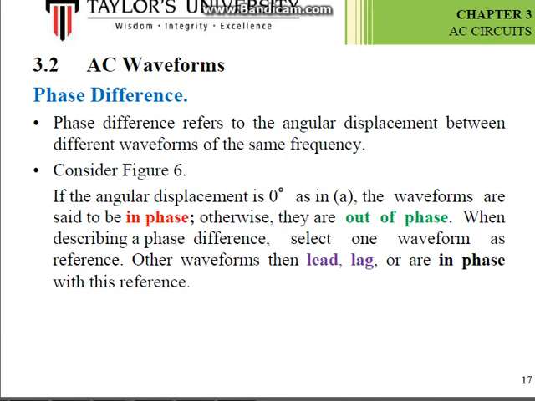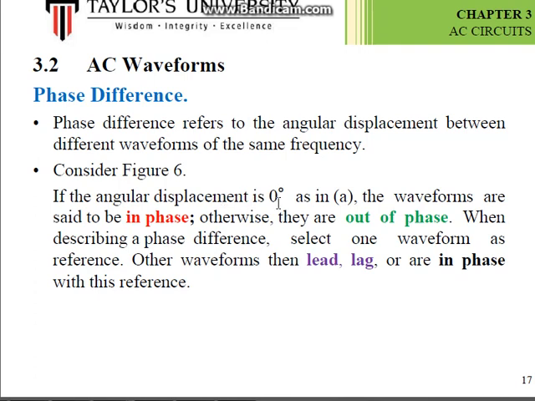Phase difference. Phase difference refers to angular displacement between waveforms of the same frequency. You will look at it more easily later in the next slide. For example, if your angular displacement is 0 degrees, displacement is basically when you have two signals together and you want to see how far away in terms of degrees they are from each other.